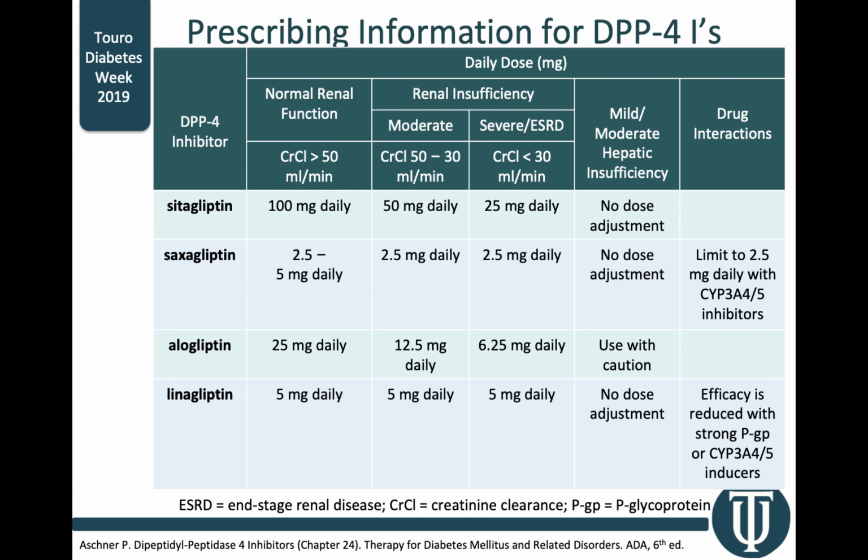So this is just a table to show you how you might want to dose this medication based on their renal function. So as I mentioned earlier, sitagliptin, saxagliptin, and alogliptin, you will need to dose according to their renal function, except linagliptin.